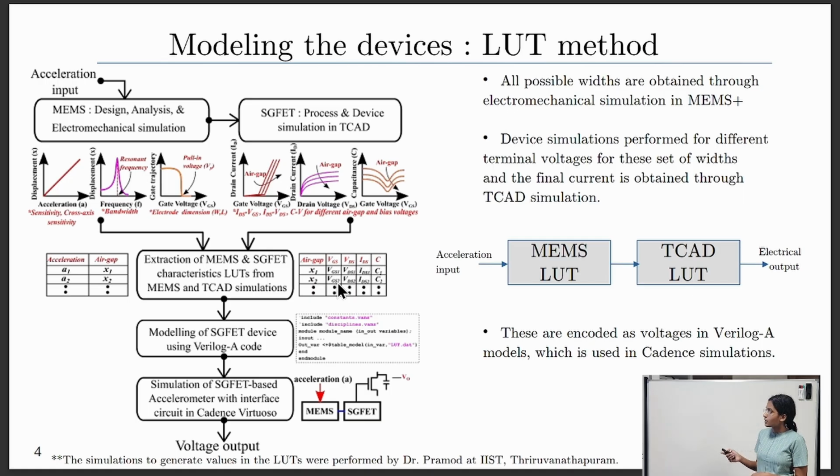Here is the lookup table model for SG-FET. Acceleration input is given to the MEMS LUT, which will give us the width of that transistor, and then that width is given as input to the TCAD lookup table, which will give us the final current.